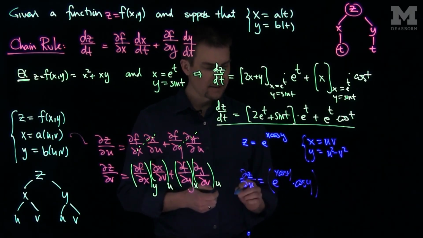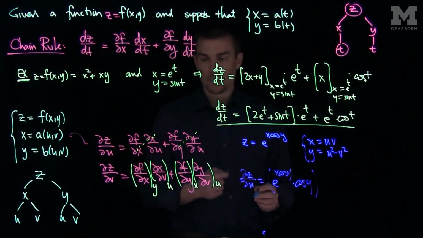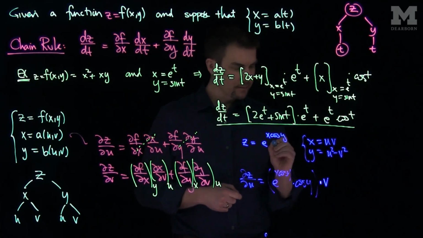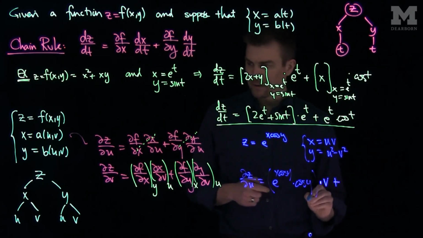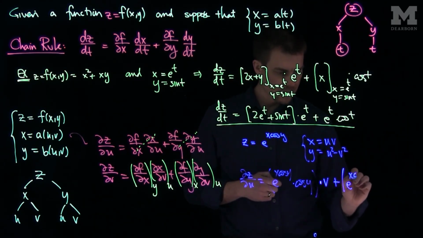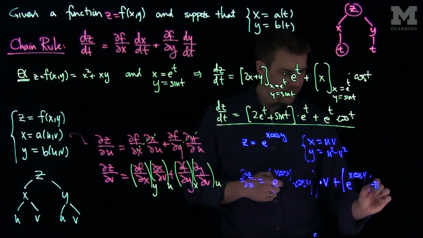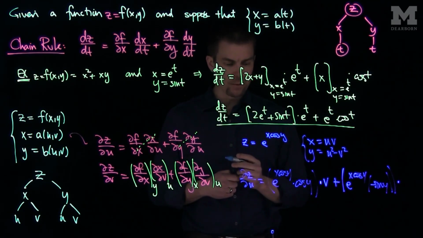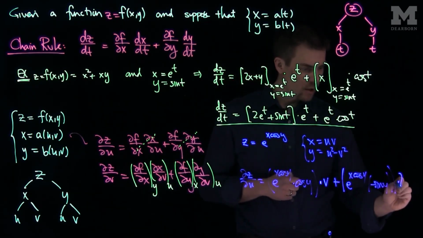That's my dz dx. And I'm going to multiply that by dx du. So dx du is just going to be v, plus I have to do df dy. So df dy is going to be e to the x cosine y times negative sine y by the chain rule. And then I have to do the derivative of y with respect to u, and that'll just be 2u.